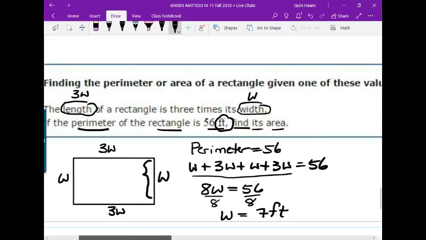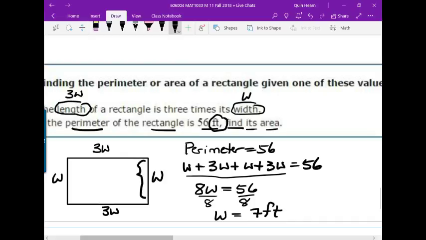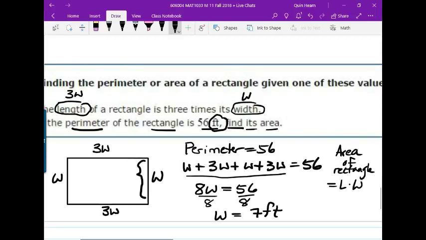So how do we find area when we are working with a rectangle? The area of a rectangle is the length times the width. So we have half the information that we need. The width is 7. How can we find the length? Well, we know the length is 3W. So 3W, if W is 7, 3W is 21 feet.